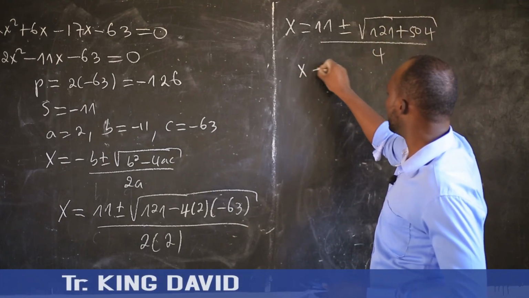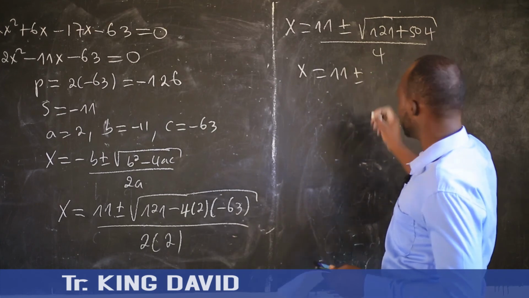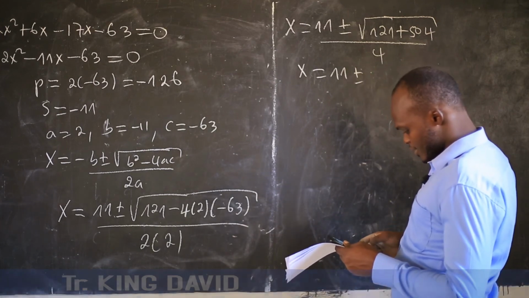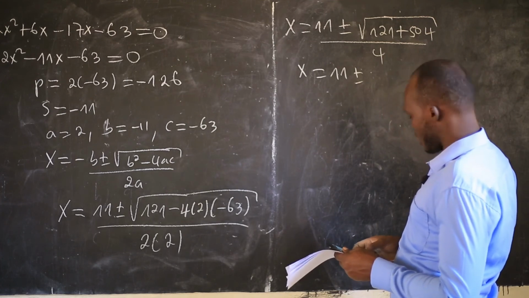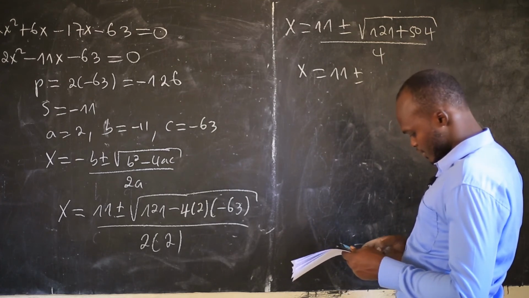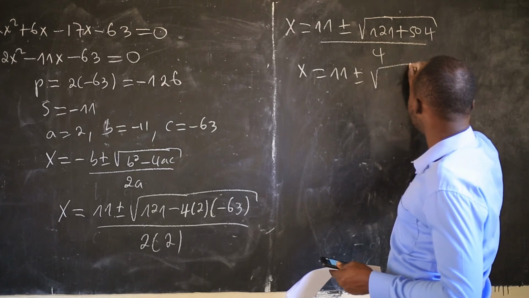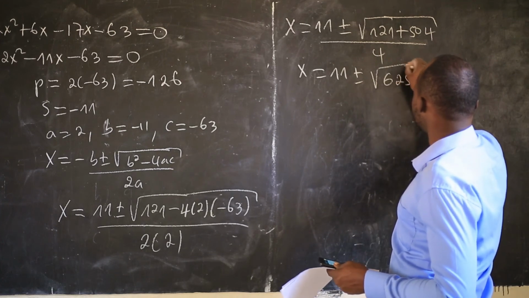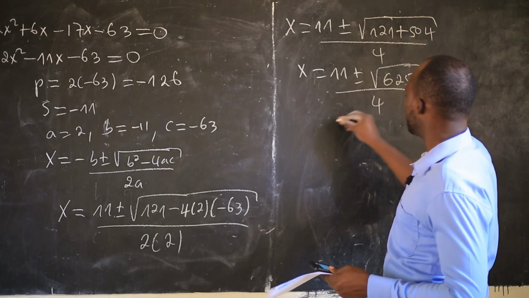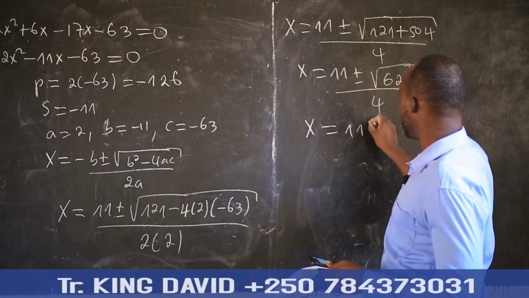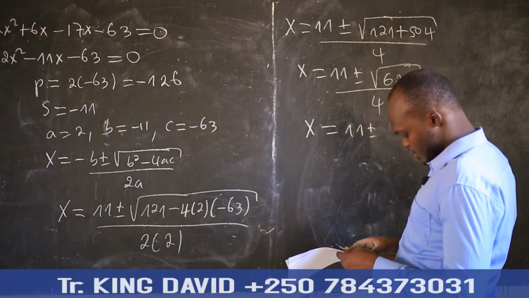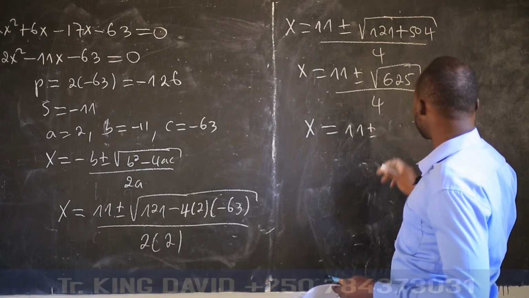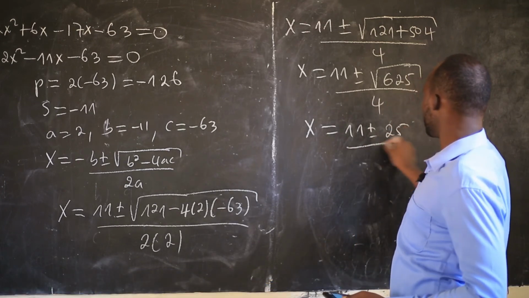So x will be 11 plus or minus the square root of 121 plus 504, which is the square root of 625, divided by 4. So our x will be 11 plus or minus the square root of 625, which is 25, divided by 4.